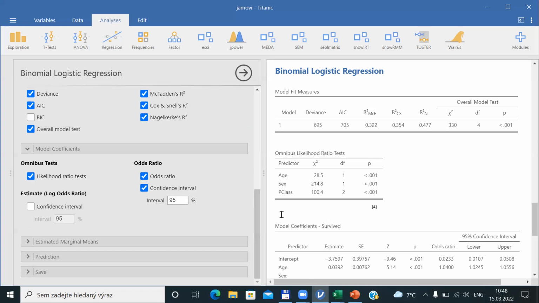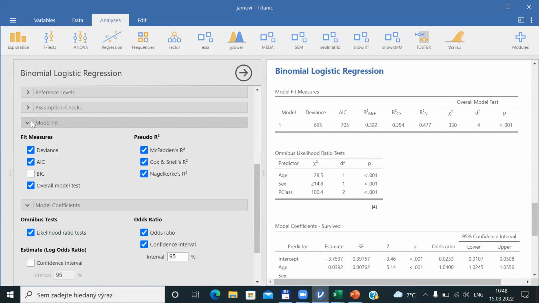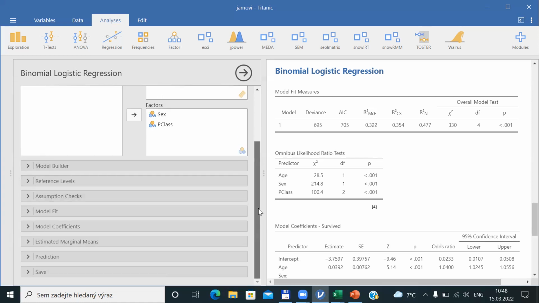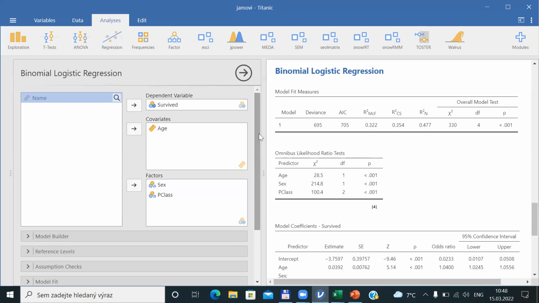So that's all for, I would say, a brief first introduction into logistic regression. So I guess that we covered nearly all possibilities of binomial logistic regression in jamovi. Next week, we will make a complex example of, I would say, real data analysis based on a sample. So it means all generalizations will be correct.